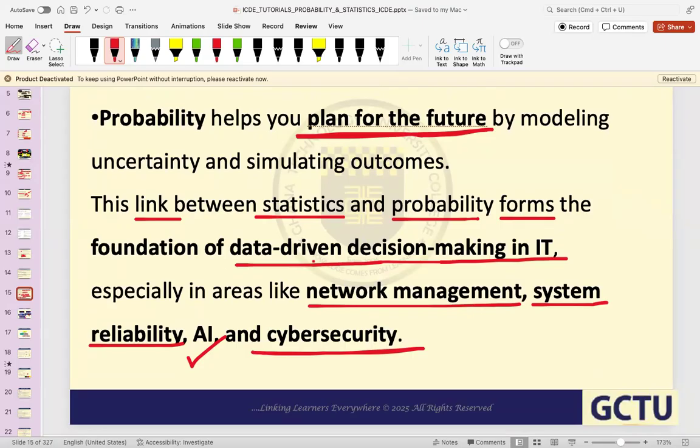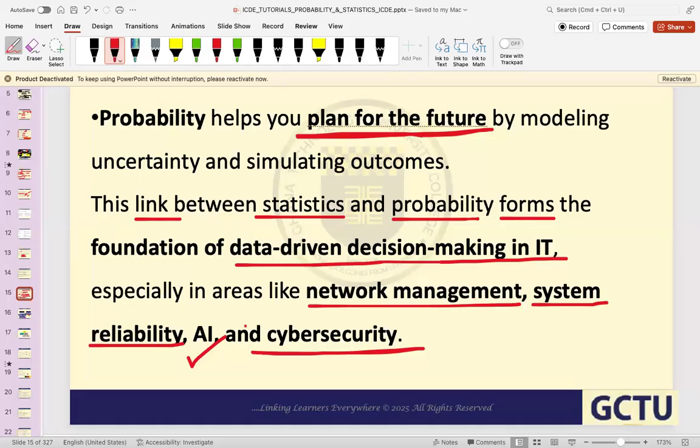Foundations of data-driven decision making in IT. Then you pick the areas. Network management. You just want to understand it. Like when somebody asks you, what is network management? What can you say? You need to understand it before you can respond to the person.